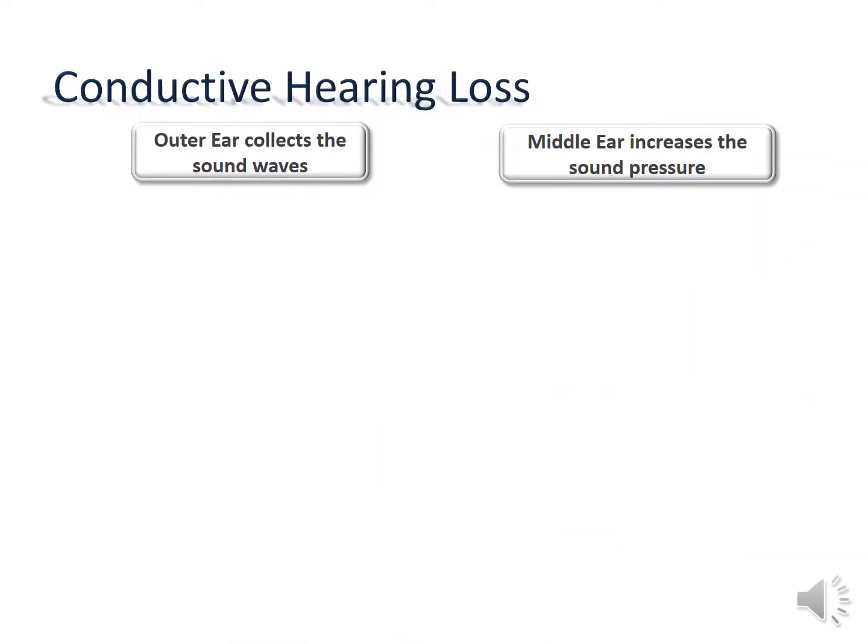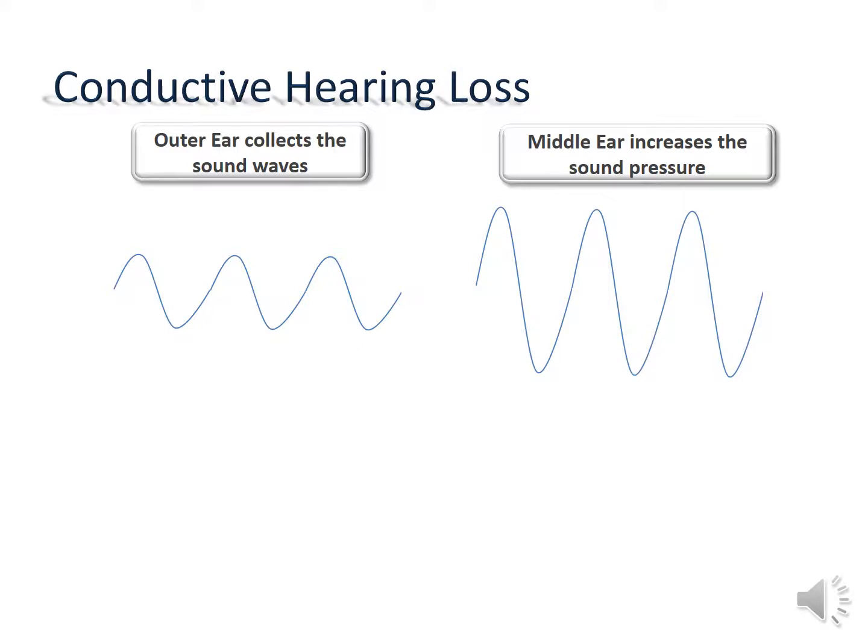So going back to the outer ear and the middle ear, essentially what is happening is that the outer ear collects the sound waves and then the middle ear increases the sound pressure. If there's a problem in this process, it's referred to as a conductive hearing loss. Essentially, there is a problem with the outer or middle ear. With the outer ear, maybe there's something that is blocking the ear canal, such as wax, or the ear canal is actually collapsed.